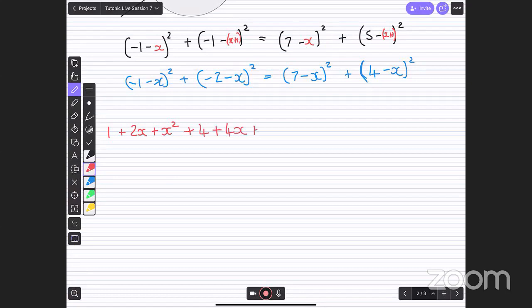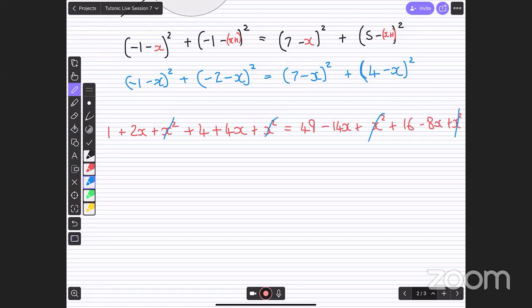And then is equal to 49 minus 14x plus x squared, and then 16 minus 8x plus x squared. Okay, so the x squareds can cancel. Do you see that?